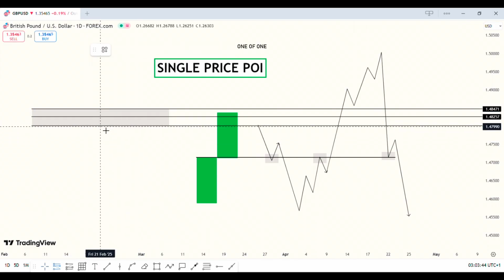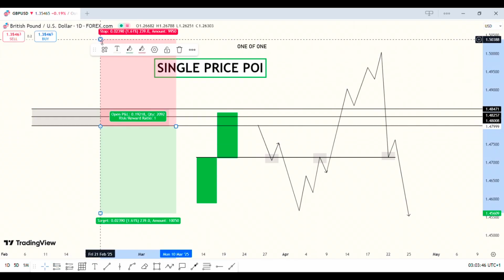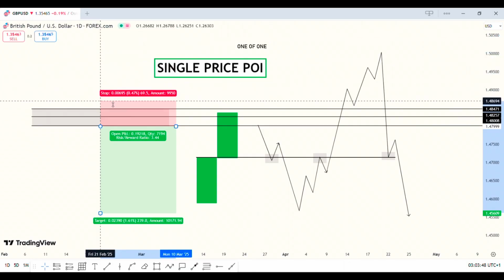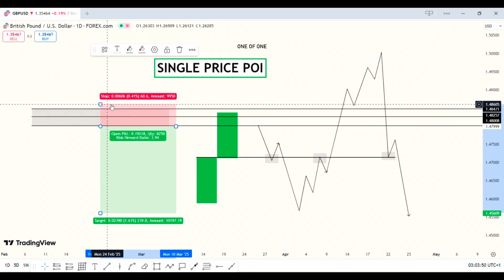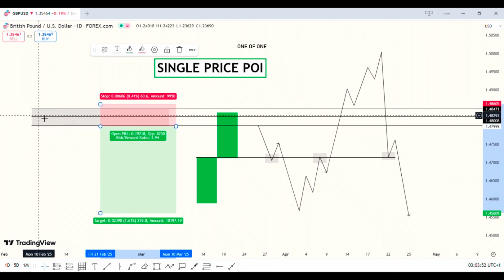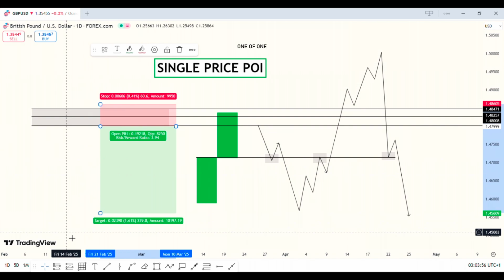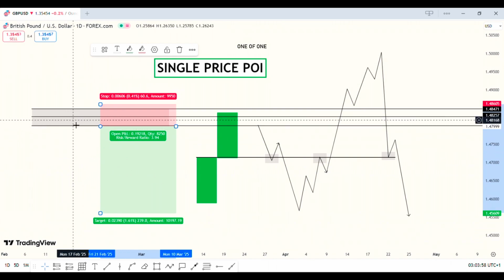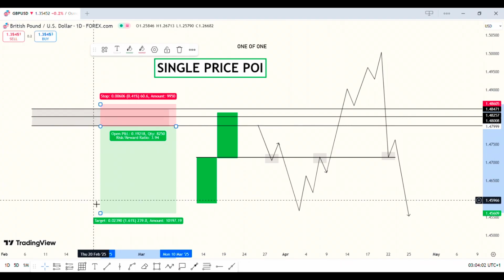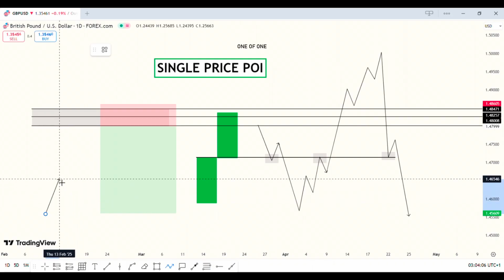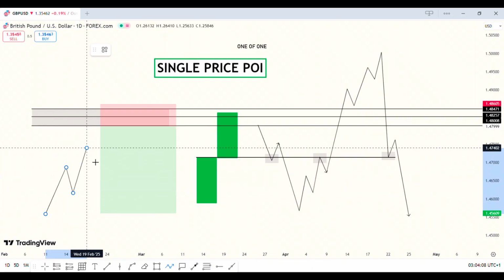So in this case, a sell, when we have multiple single price POIs within a major POI, I am going to mark out all the single price POIs, and that would be my mini zone within the main zone. So this is what we are going to be expecting, or this is how it's going to look.